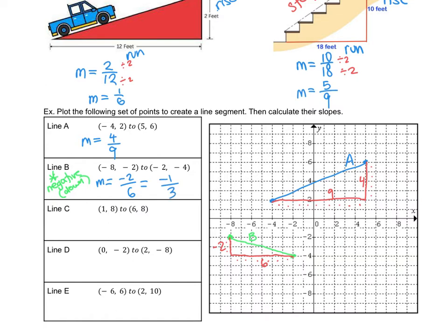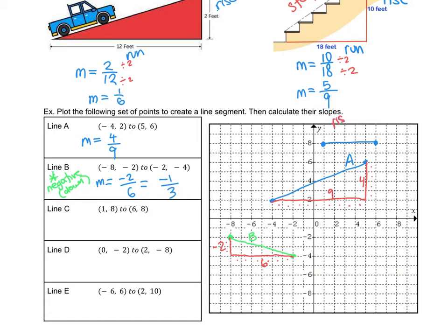All right, for line C, we are at 1, 8. So 1 on the x-axis and then climb up to 8. And then 6, 8. Now notice here when I connect my dots, we have a horizontal line. If I try to count my rise, I can't even draw a triangle here.